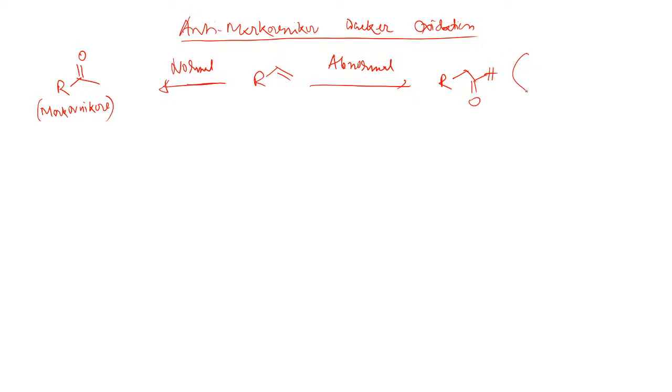And this is the anti-Markovnikov. So in general, by Markovnikov, we know how this product is formed: the carbocation is on the middle carbon. But here, the carbocation is generated at the terminal carbon.